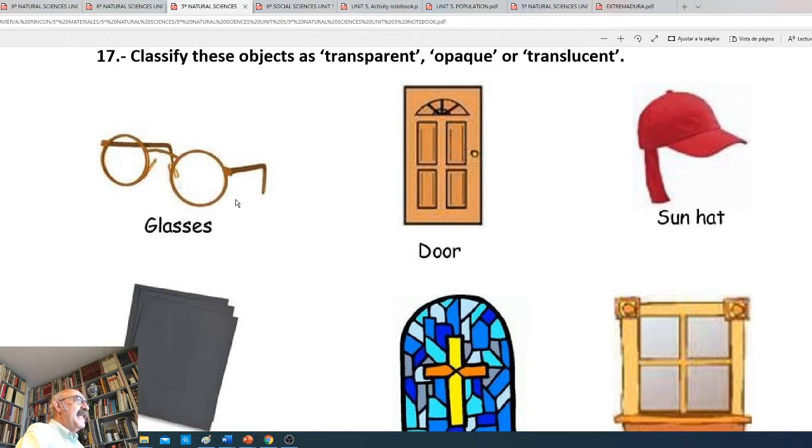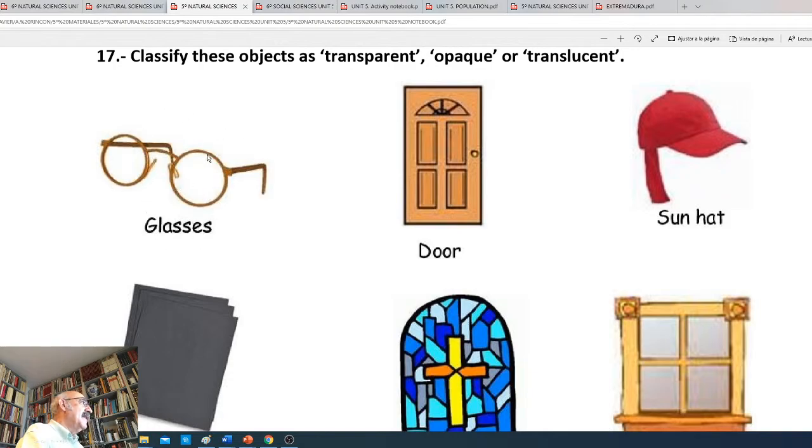Are glasses transparent, opaque, or translucent? What do you think? Okay, transparent. Good, very good.